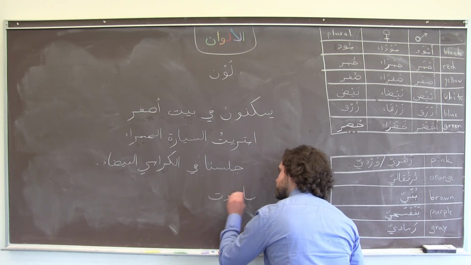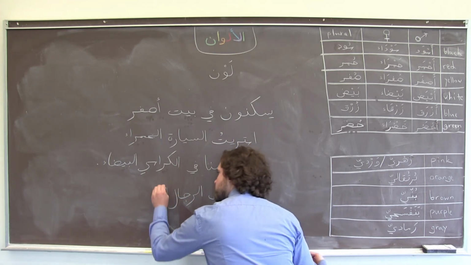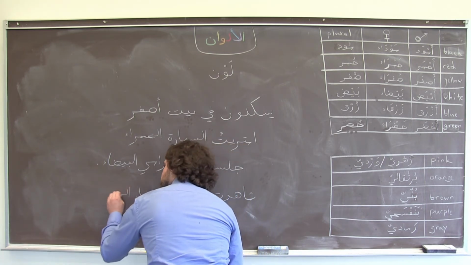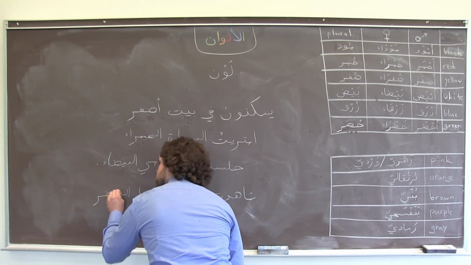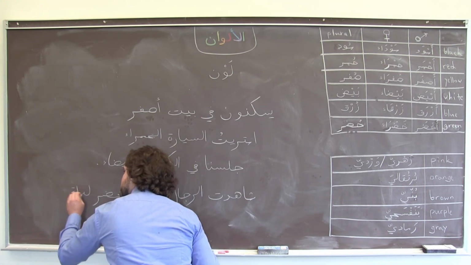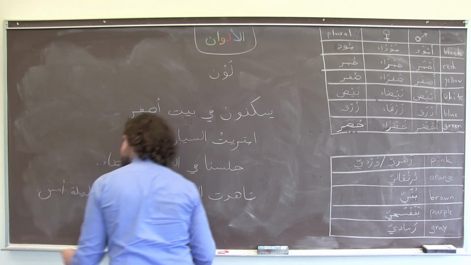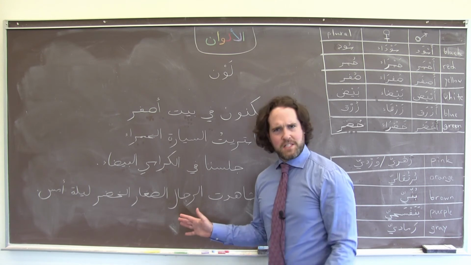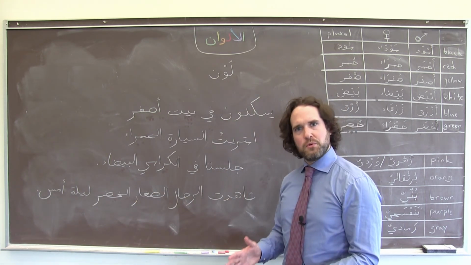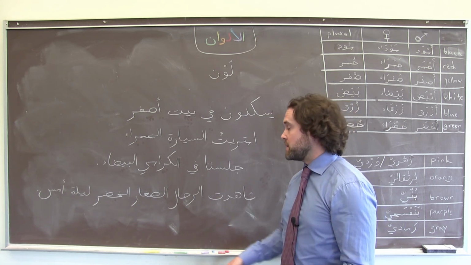شاهدت الرجال الصغار الخضر ليلة أمس. So there would be a very specific context where it might be appropriate to use khudar, the plural form of green, even though people, human beings, are not typically green.